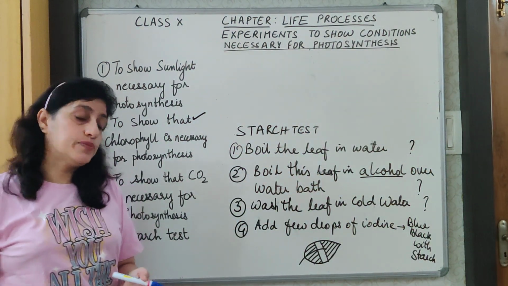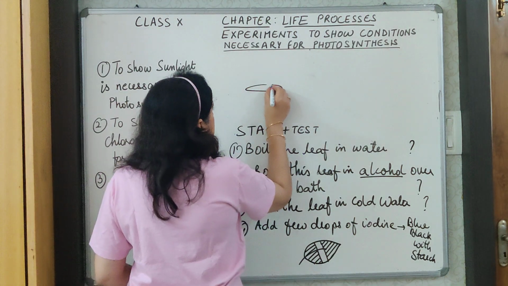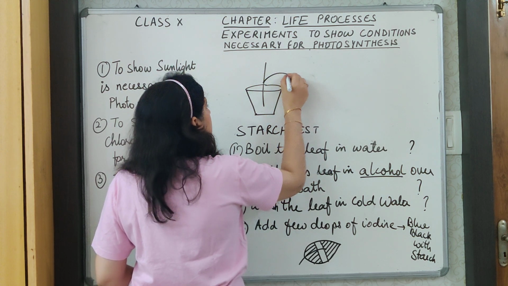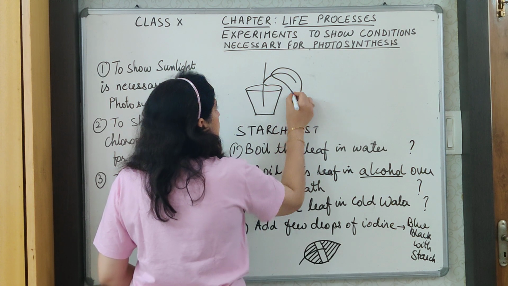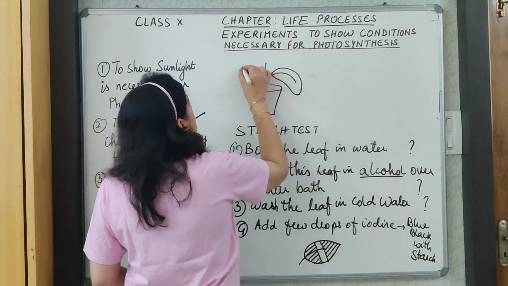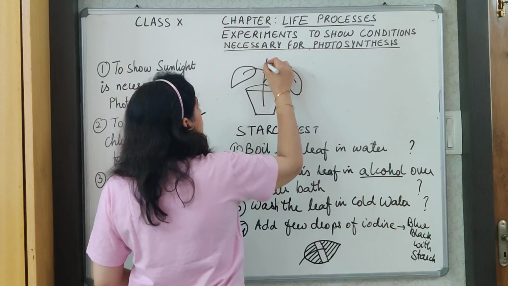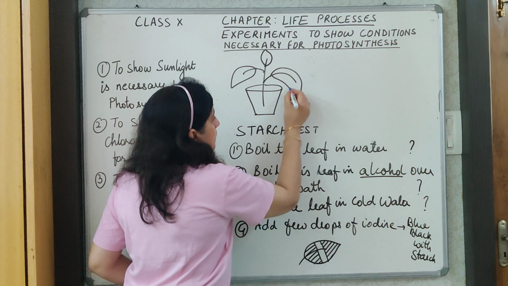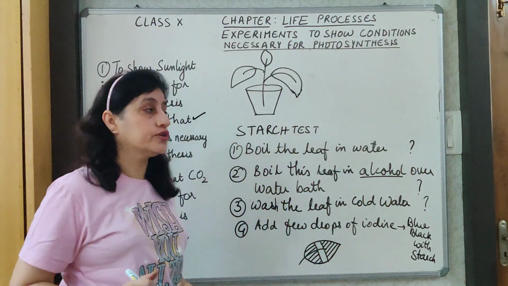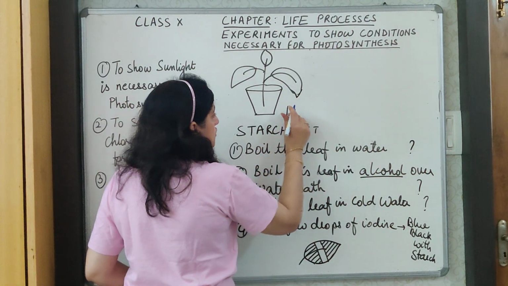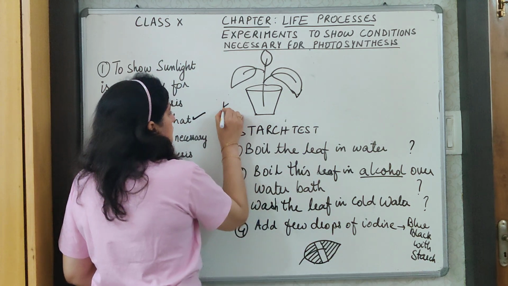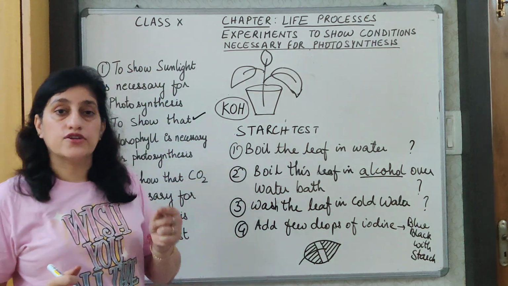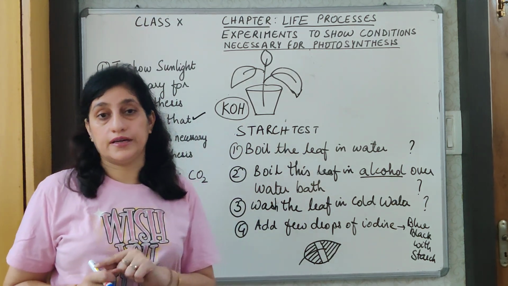Then we will bring the plant out in sunlight, and in this particular experiment we have to provide carbon dioxide to one part and not allow carbon dioxide in the other part. So here I am going to use the chemical potassium hydroxide, because potassium hydroxide is an absorber of carbon dioxide.